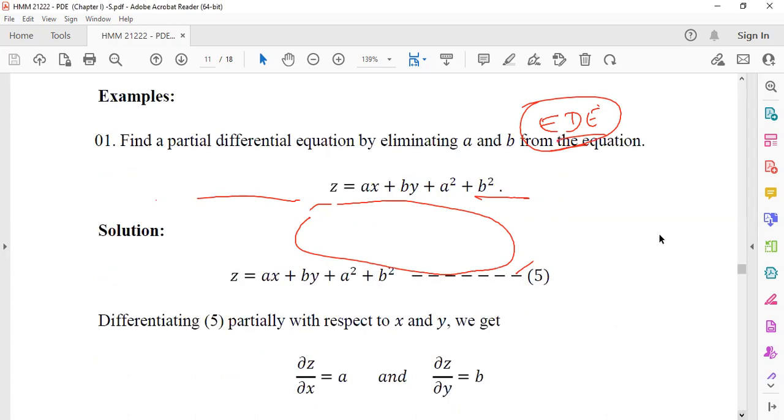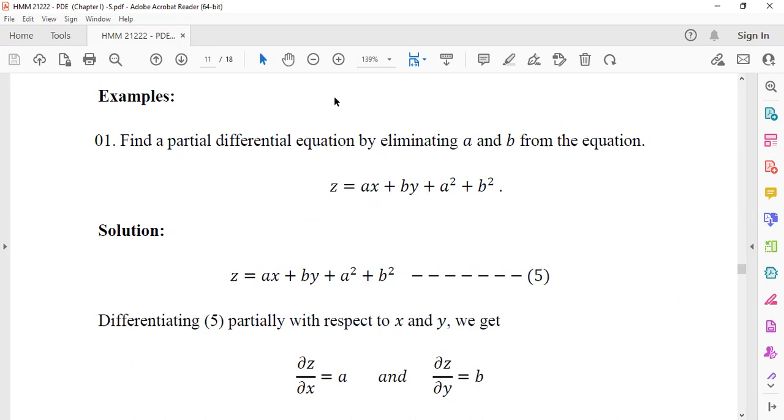So the solution begins like this. If I want to take out this a, b, there are more a's and b's. So this number doesn't matter, you can take it as 1, equation number 1.